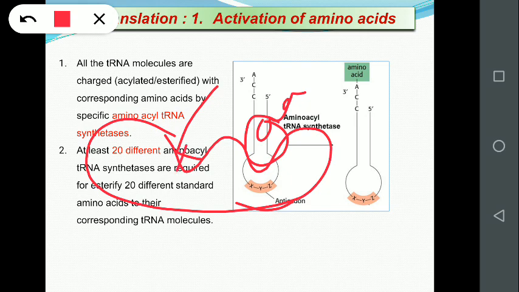Now it catalyzes the esterification of the amino acid onto the tRNA. So now the tRNA will be acylated, and we will get a charged tRNA. This is the function of aminoacyl tRNA synthetase.